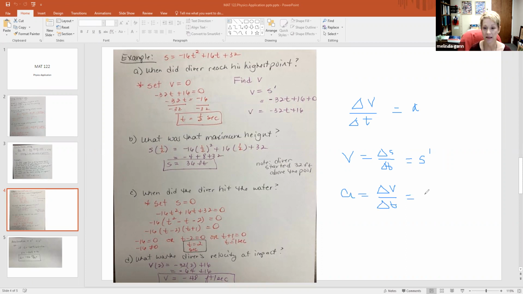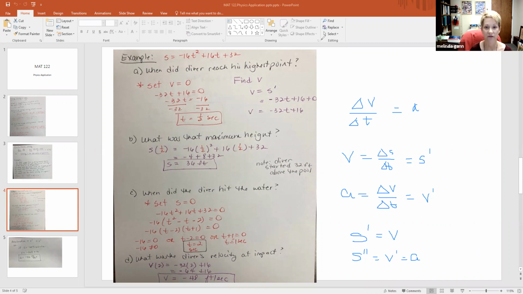So that means it's going to be the derivative of velocity. So when you take your position formula and you take one derivative, you're going to get velocity. If you take the derivative 2 times, in other words, if you take the derivative of velocity, you're going to get acceleration.